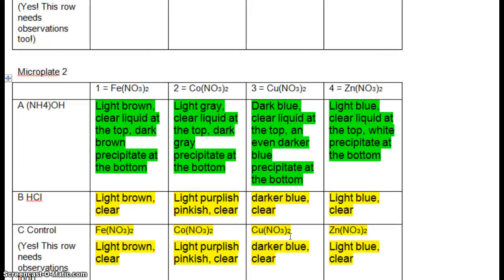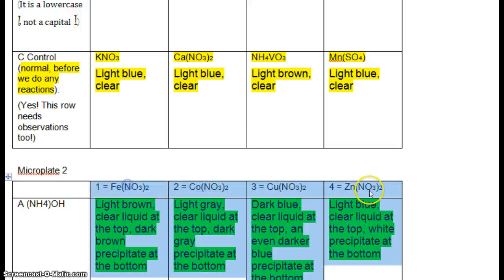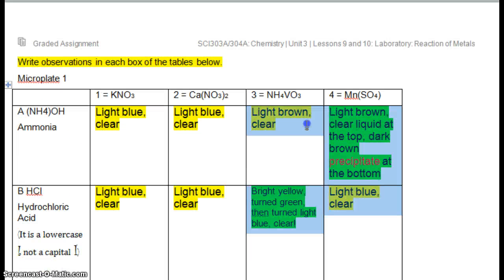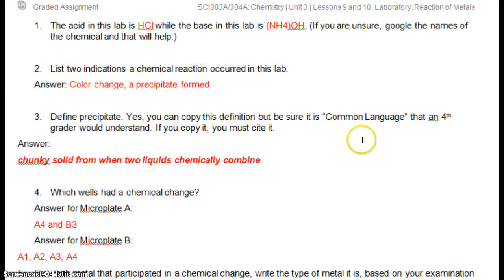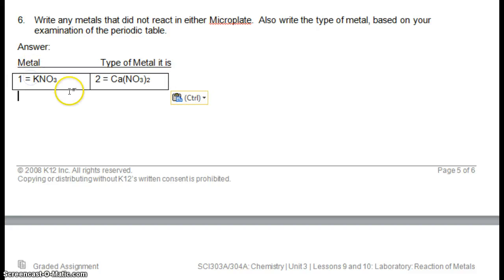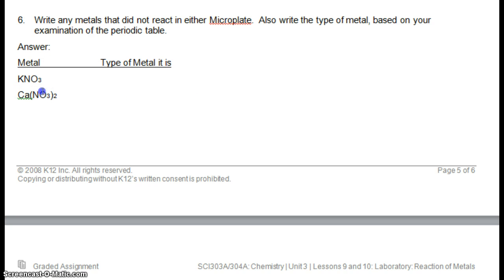All right, so these all reacted. These two reacted. So these two did not. So now we're going to look at the ones that did not react. So we have two different compounds, our first compound and our second compound. And again, we only want to know the metal. Okay, is oxygen a metal? Nope. Is nitrogen a metal?